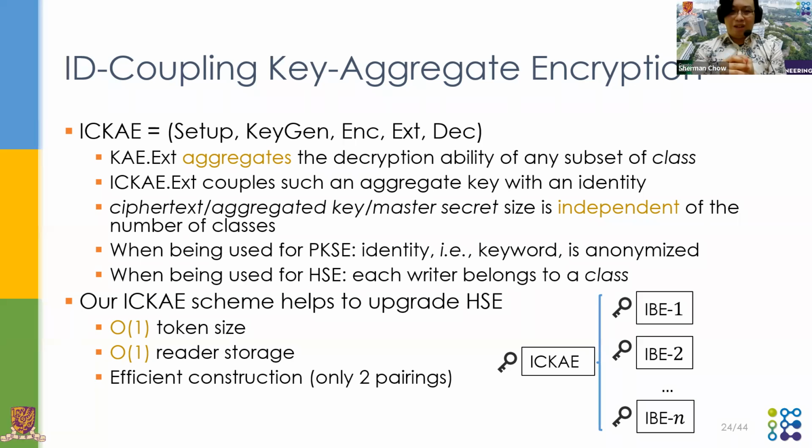On the other hand, that is what we achieved, and that caveat can actually be removed with 1 more pairing, but that's beyond the scope of the current paper. So modulo the underlying detail, we have this new pairing construction of ICKE, which just replaces the instance with IBE, and we can upgrade the HSE. Okay, so that is the part on the number theory detail, which I omitted. But if you are interested, I can talk about it more.